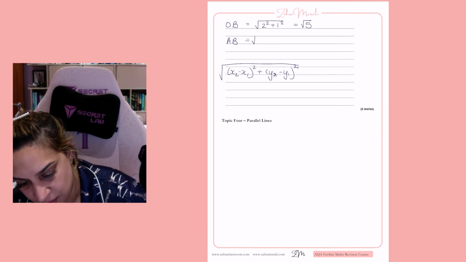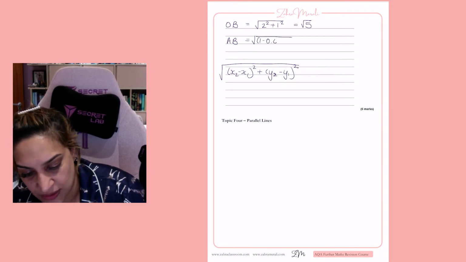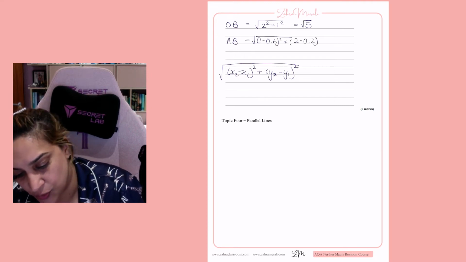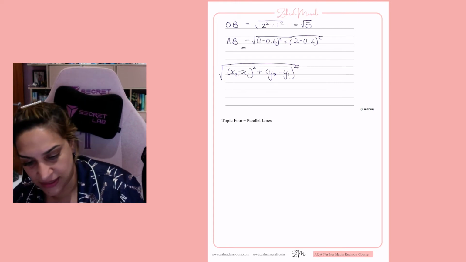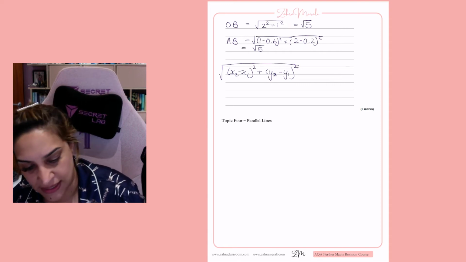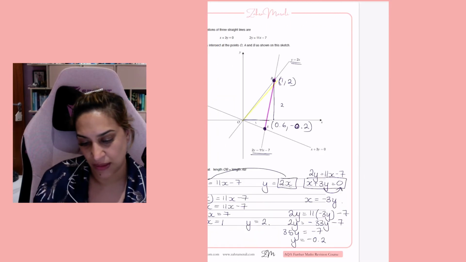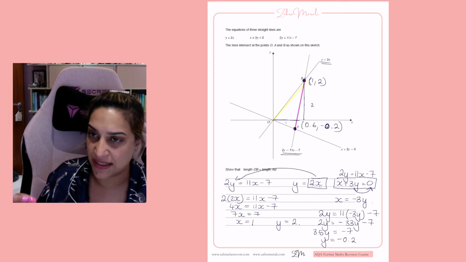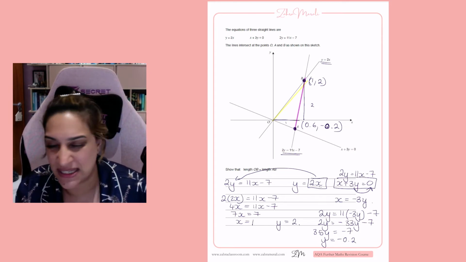In this case, we're going from A to B. So we've got (1 - 0.6) squared plus (2 - (-0.2)) squared. When we stick that into our calculator, this is calculator paper, we get root 5. And then we'll just say OB equals AB. So that shows how you find the length or the distance between 2 points, but it's mainly surrounding the intersection of them as well.